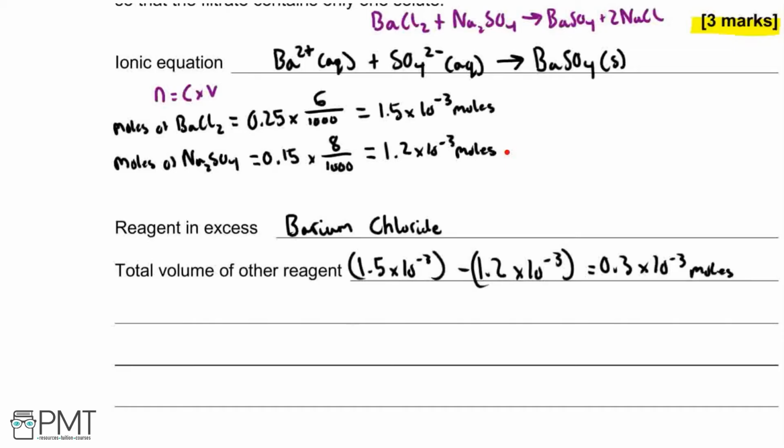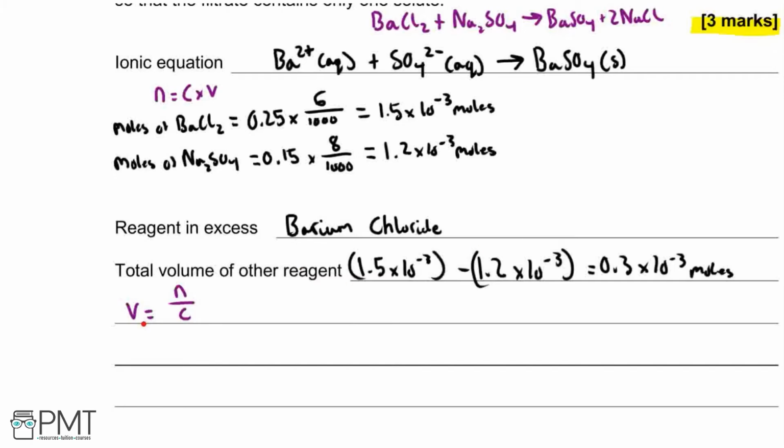So now we need to use this to work out what volume of our sodium sulfate we're going to need to add in order to make up 0.3 times 10 to the minus 3 moles. Now, the way we're going to do that is by rearranging our equation, which links moles, concentration, and volume. So what we will see is that volume is equal to moles divided by concentration.